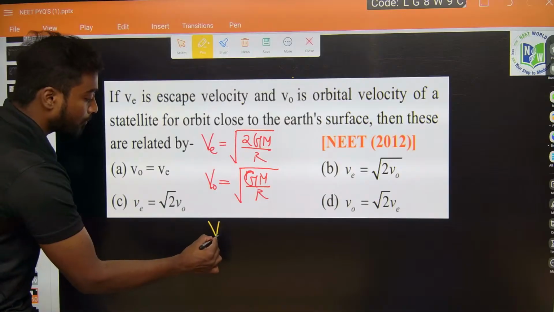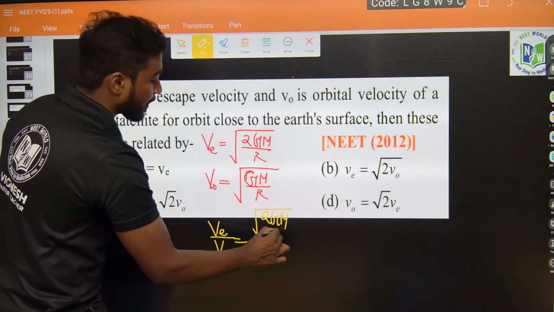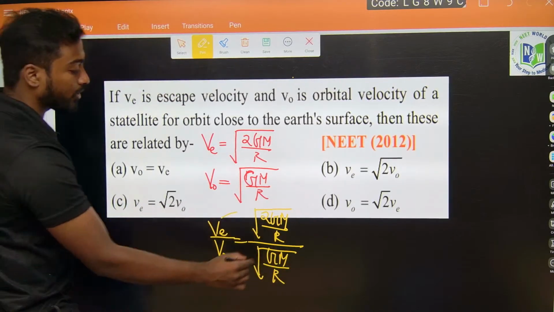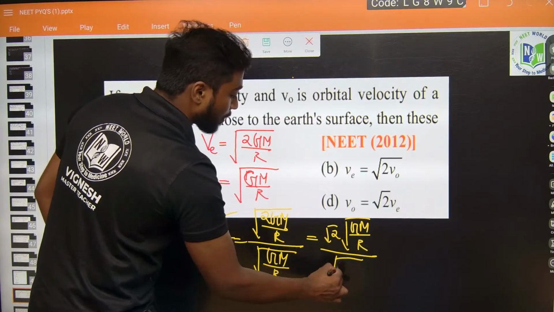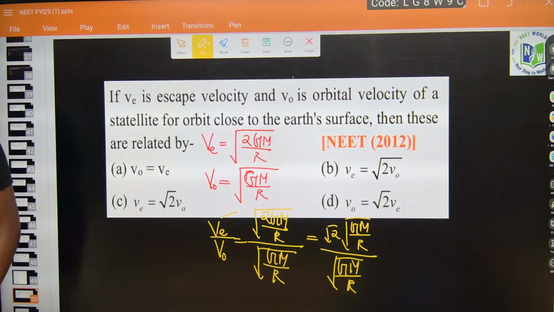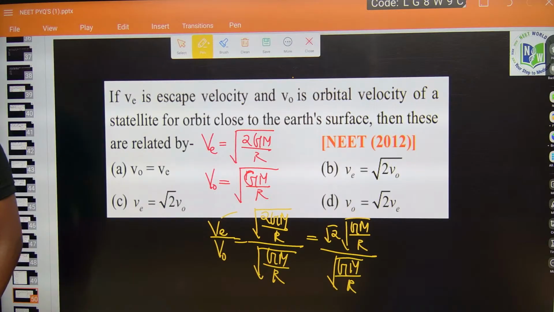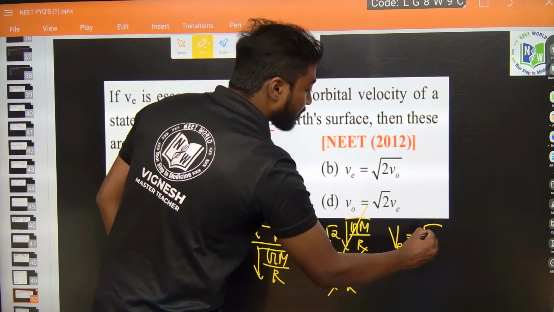Let me take VE by V naught equal to under root of 2GM by R divided by root over GM by R. From this I can take root 2 outside, and root over GM by R by root over GM by R gets cancelled. So the escape velocity is equal to root 2 times the orbital velocity.